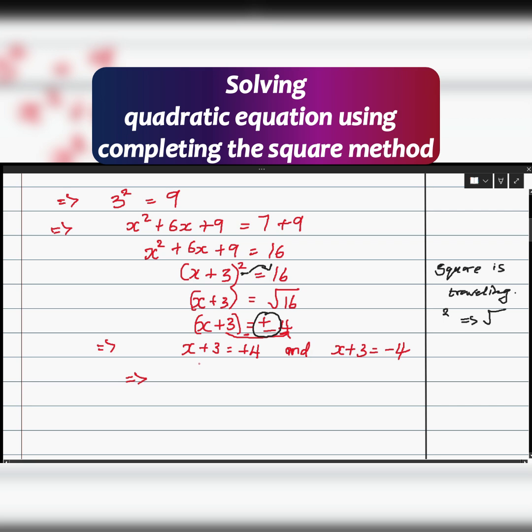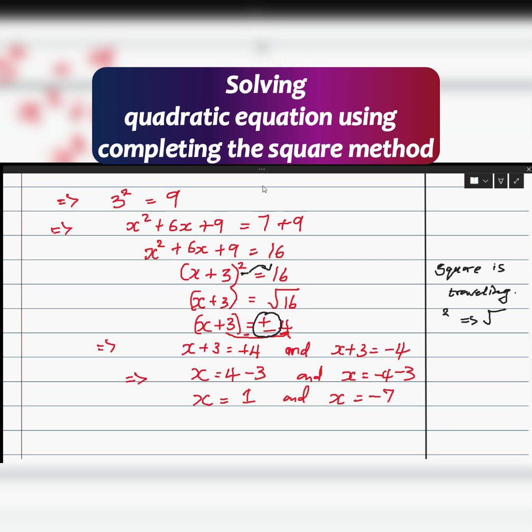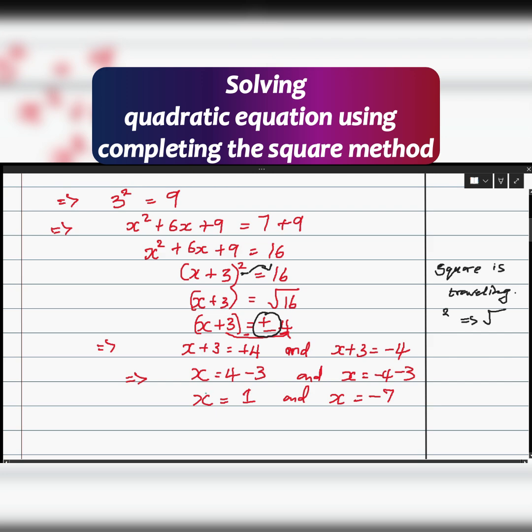Then for the first one, x equals 4 minus 3, and x equals minus 4 minus 3. And therefore we have x equals 1 and x equals minus 7. Remember, minus 4 minus 3 gives me minus 7. And this is the final answer to this question.